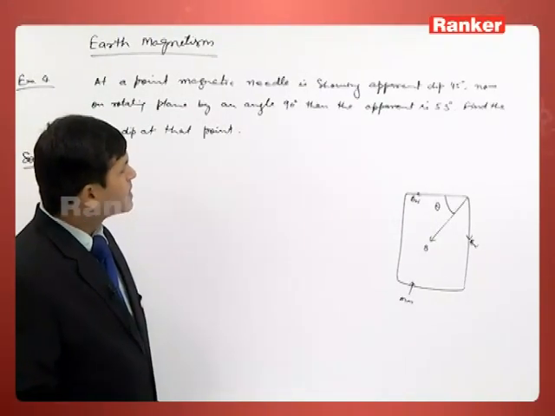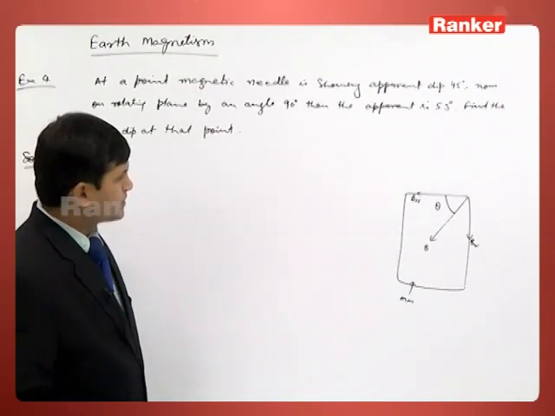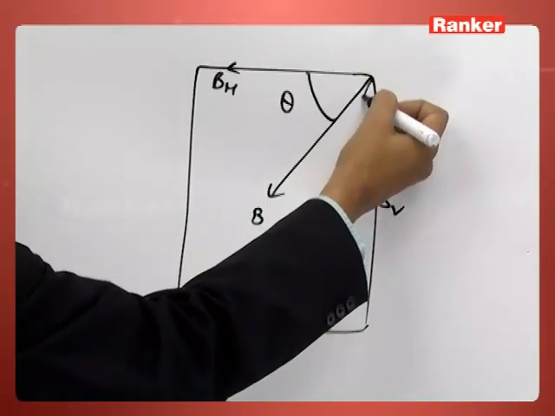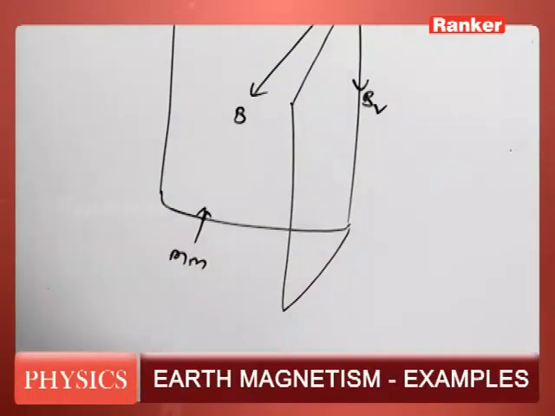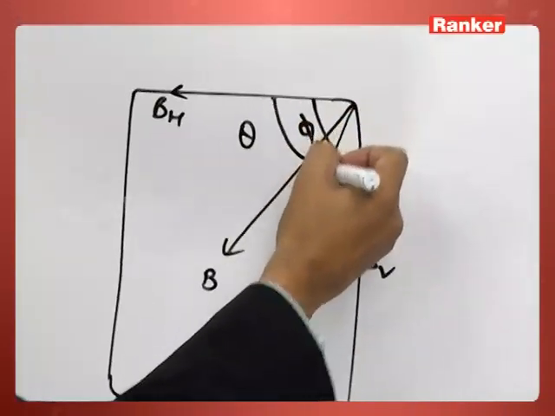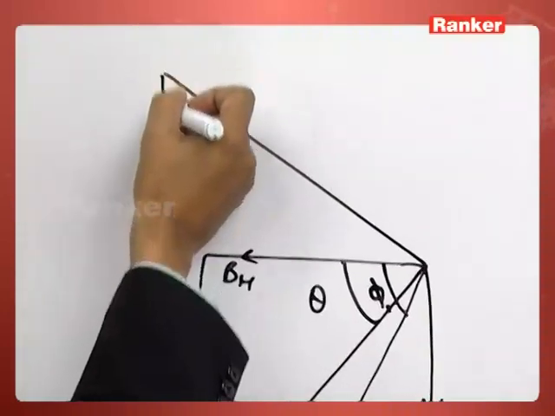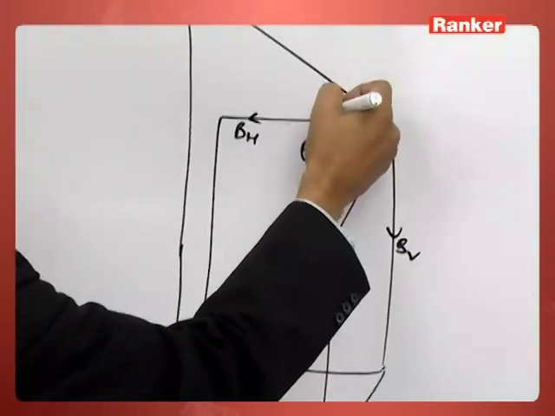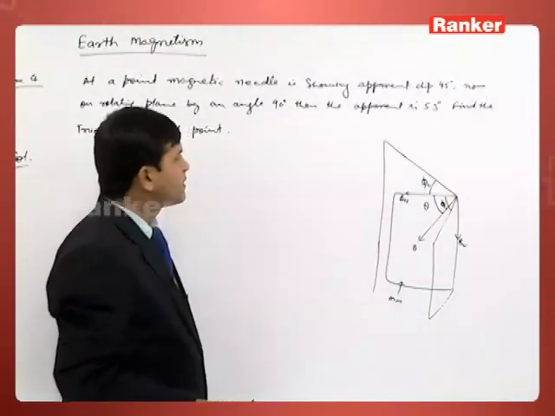So now we are having two planes which are making angle 90 degree. See, this is one of the planes, and this plane is making an angle phi 1, and this is another plane which makes an angle phi 2. So this is the meaning of that.